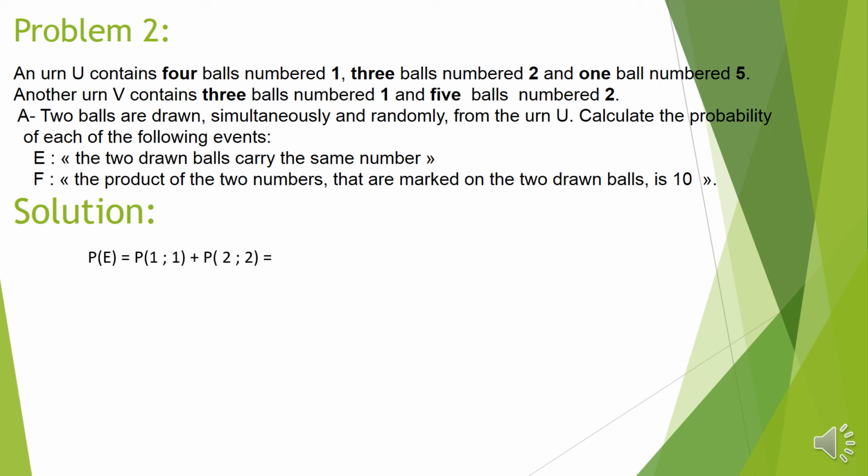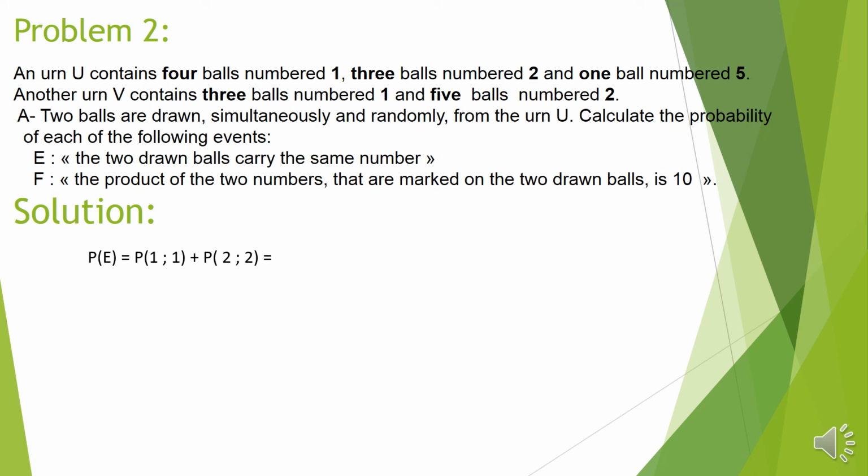The probability of E, the event E says the two drawn balls carried the same number. That means both of them must carry the same number, not one with 1 and the other 2, or 1 and 5, or 2 and 5, and so on. They must be both 1 and 1, or both 2 and 2.